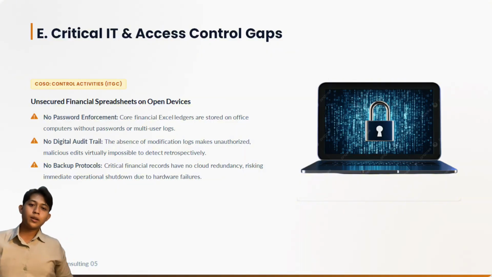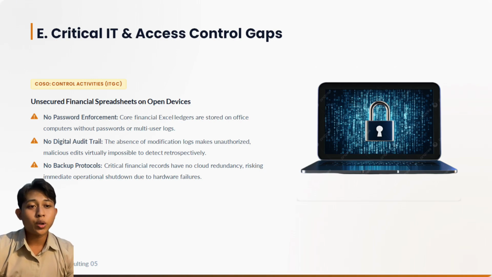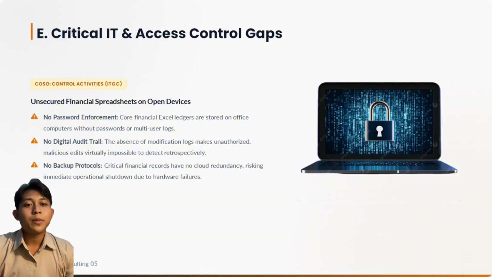And then the solution the company can apply is to enforce password protection on the Excel file, activate Excel's internal track changes feature as a simple change log, and mandate automatic daily afternoon backup to a free cloud service like Google Drive, linked to the owner's personal email.